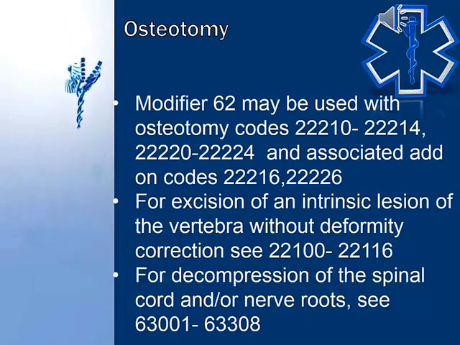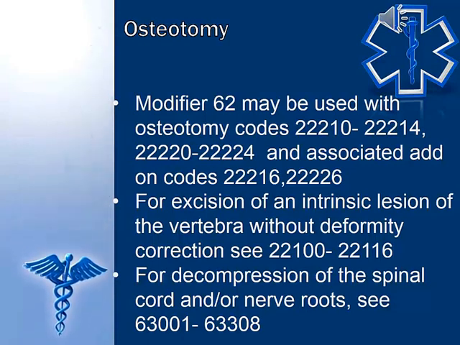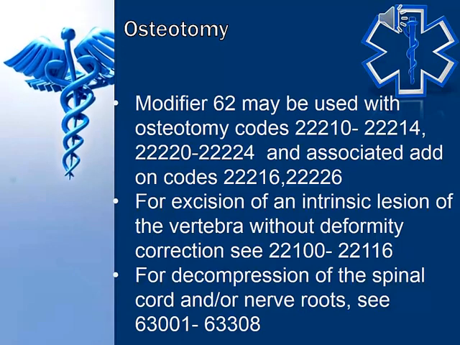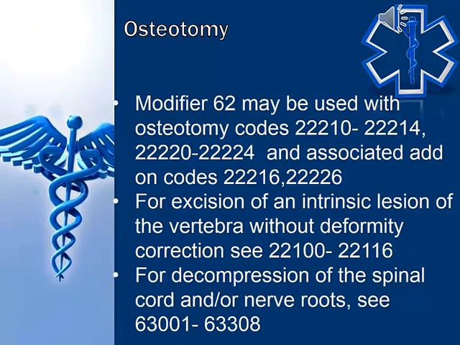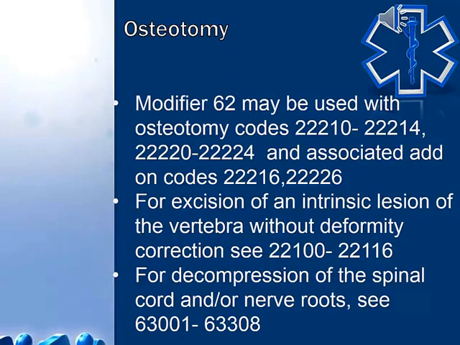For excision of intrinsic lesions, you guys will need to refer back to your previous section, which are codes 22100 to 22116. For decompression of the spinal cord, you will need to see codes 63001 to 63308.